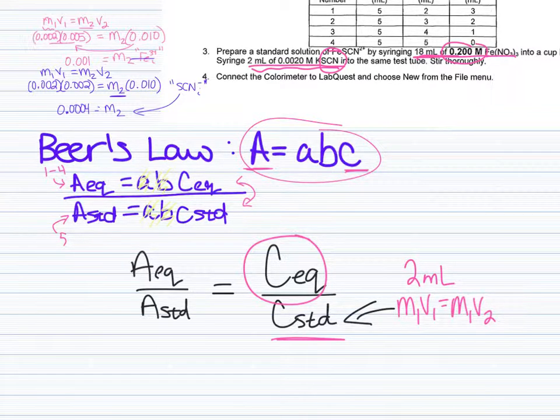There we go. All right. So solving for the standard, you're going to use the 2 mL of the 0.002 molar KSCN to make a total of 18 plus 2, which is 20 mL. And you want to know the molarity, okay? So you're going to do that to find the standard.